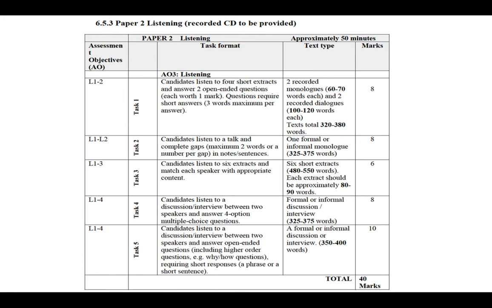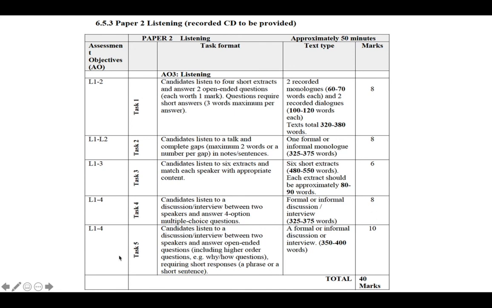Rather than A, B, C, there should be 4 options. And then they would listen, for example, to a formal or informal discussion or interview, which is about 325 to 375 words. So it's the same length as this one, and the marks are 8.